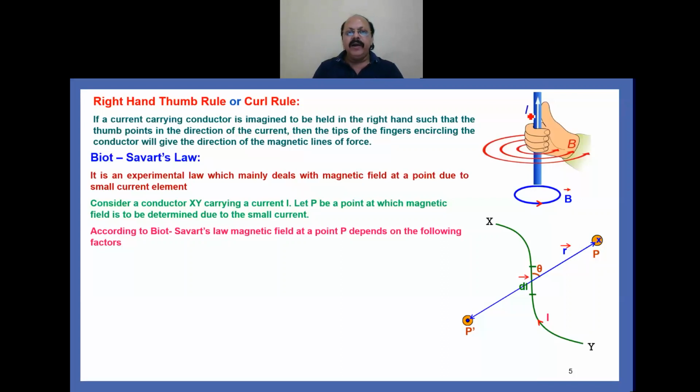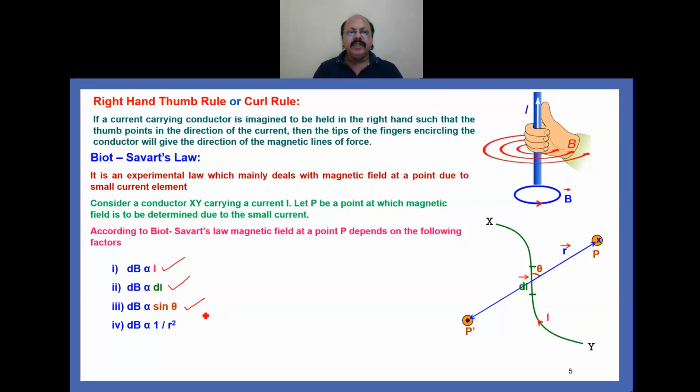Now according to Biot-Savart's law, the magnetic field at point P depends on the following factors. First, dB is directly proportional to the current I. Then dB is directly proportional to the length element dl. Then dB is directly proportional to the sine of angle theta, which is the angle between the dl vector and r vector.